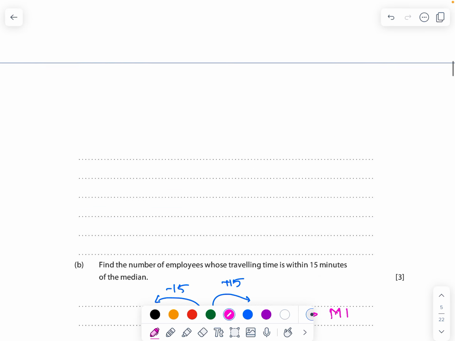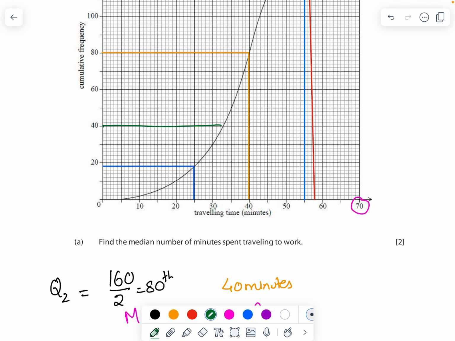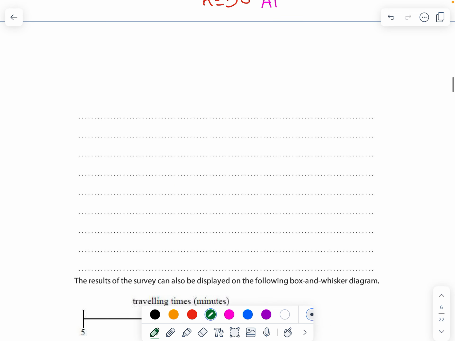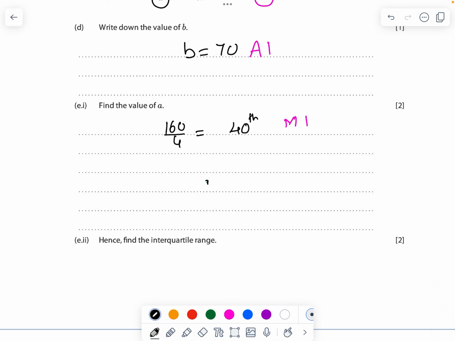Then from 40, what am I doing? Drawing the line, hit the graph and then drop it down. So it's going to be how much? 33. So I get it out, A value equals 33. So therefore this gives me another A1.